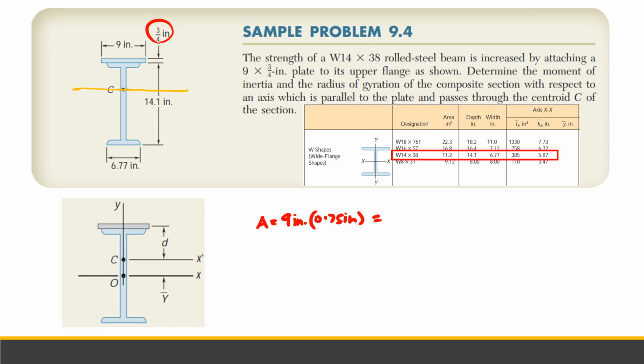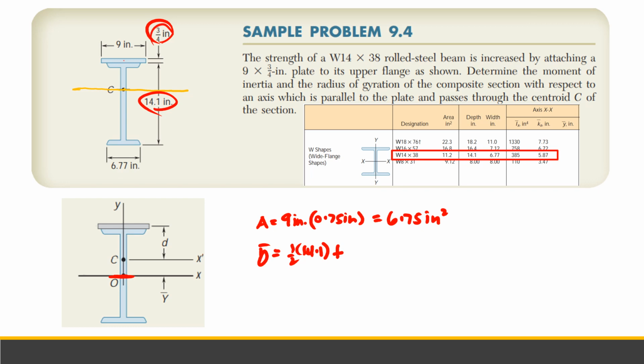So this is equals to 6.75 inch squared. So the y bar naman niya is equals to, so this is with respect to the centroid no ng wide flange natin. So yung y bar is kalahati, so 1/2 ng 14.1 inches plus kalahati ng 3/4 inch.